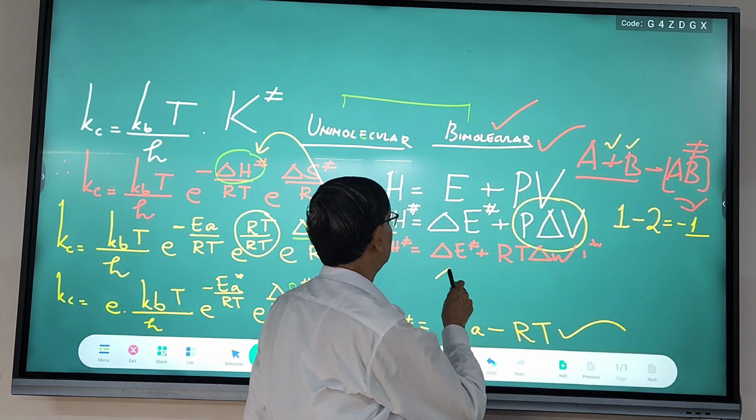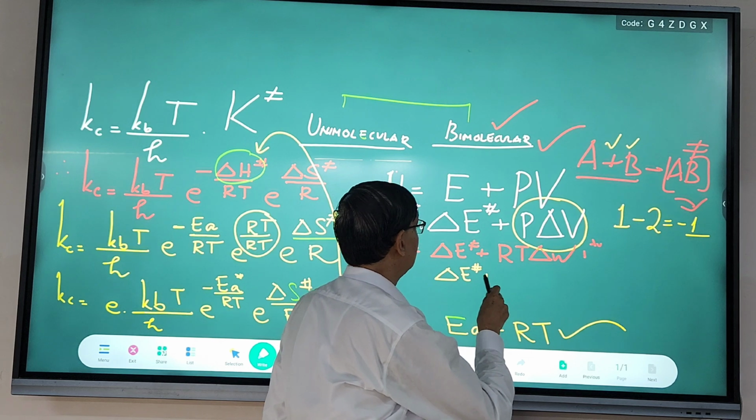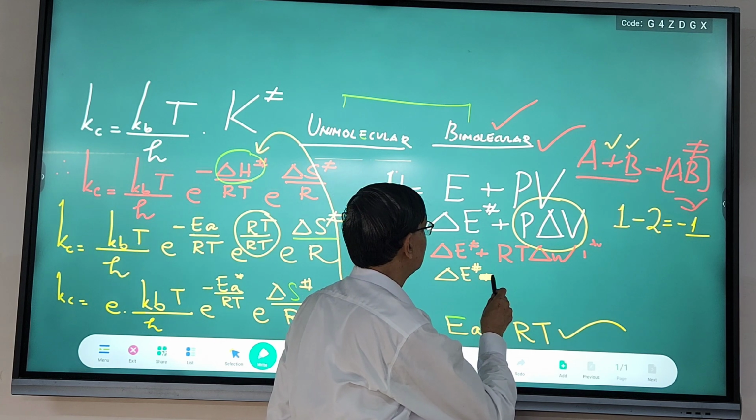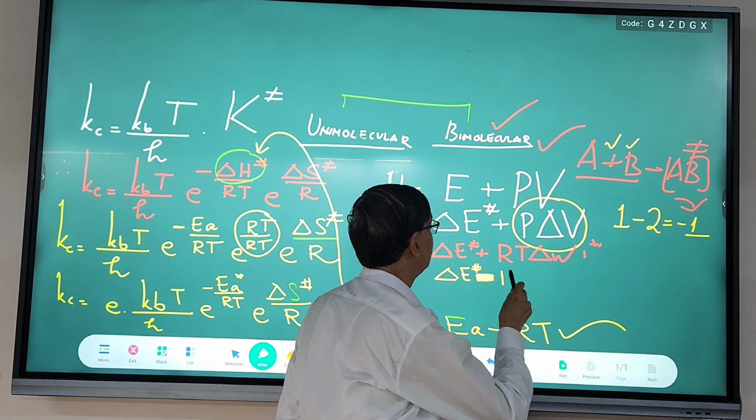So I can write delta H = delta E minus RT.